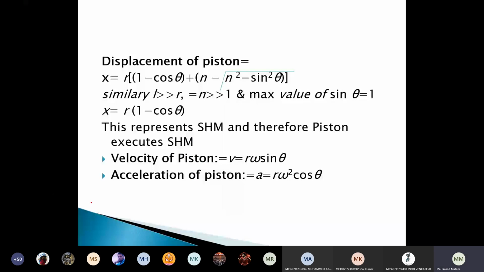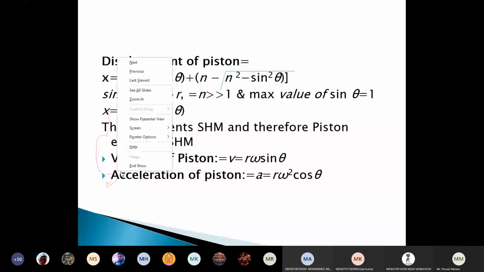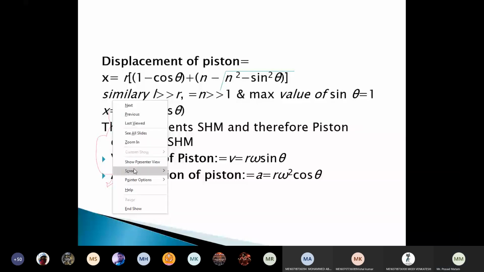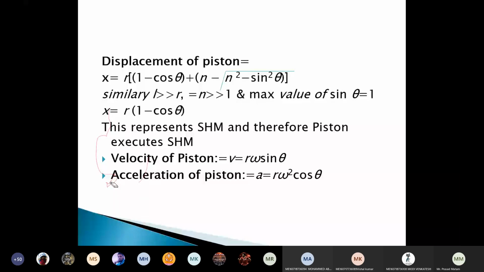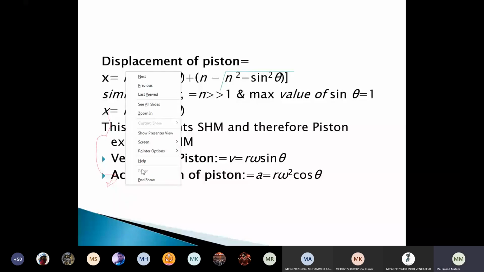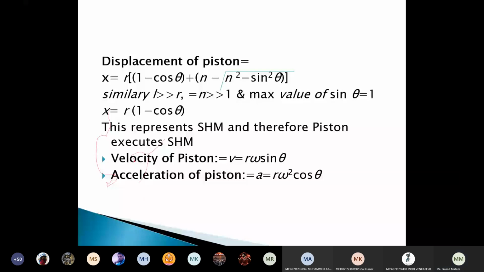Find the x value. x is equal to r, which is 30 mm, times 1 minus cos 45 degrees, plus n, where n is the ratio of connecting rod length to the crank radius.